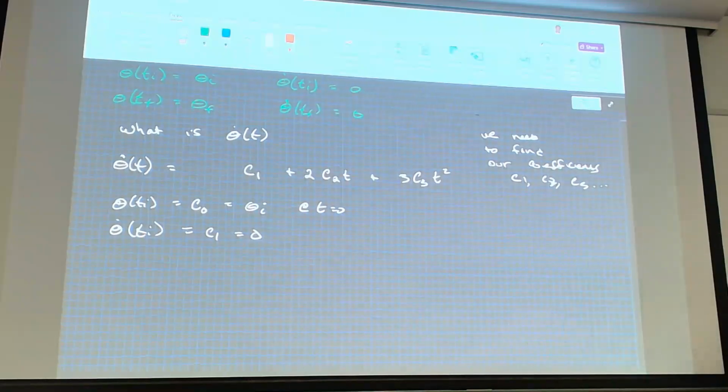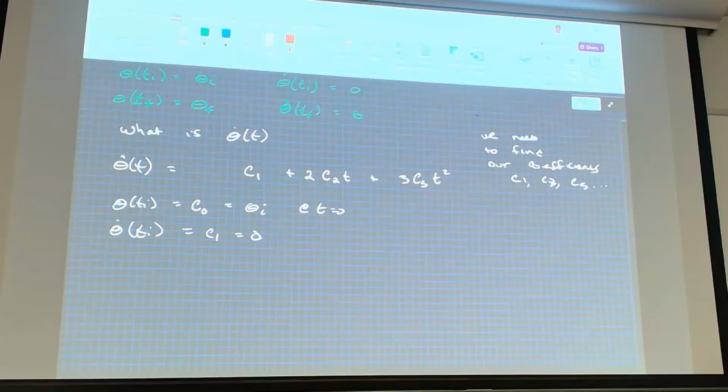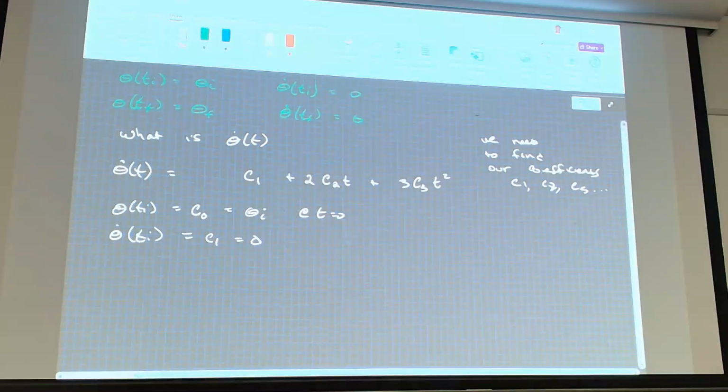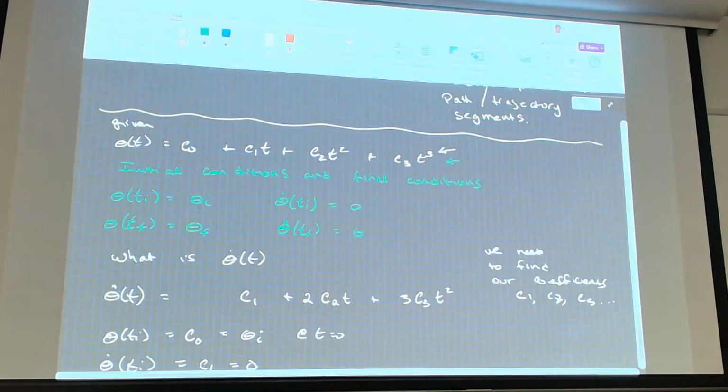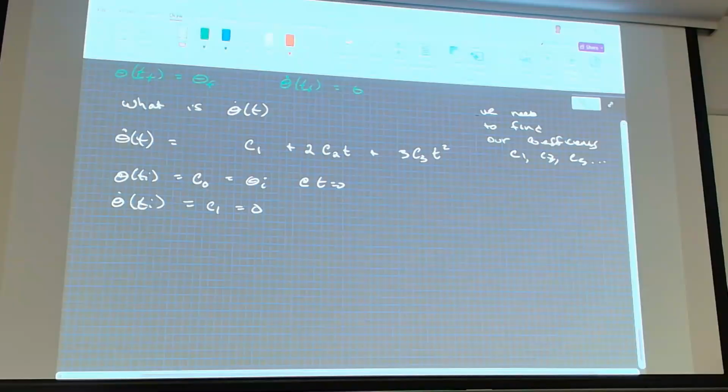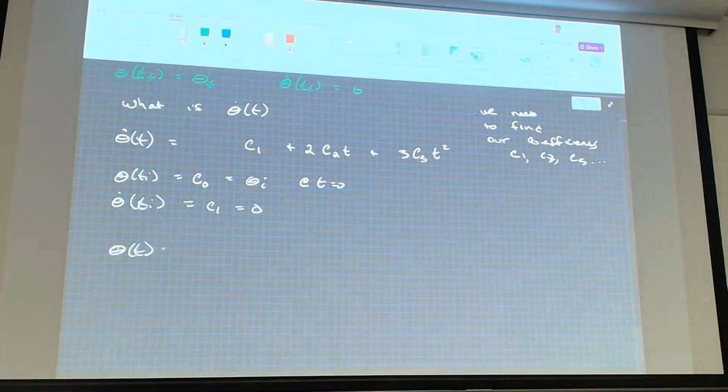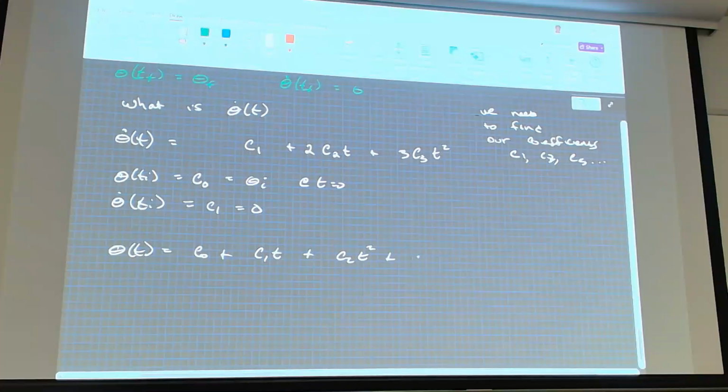Okay. So now, again, going back where we have our fundamental equation of motion right here, I'm just going to go ahead and rewrite this. So I have theta of T is equal to C naught plus C1 T plus C2 T squared plus C3 T cubed.